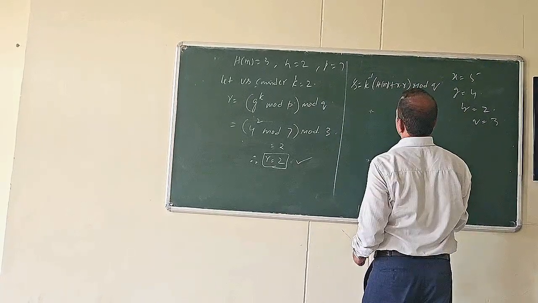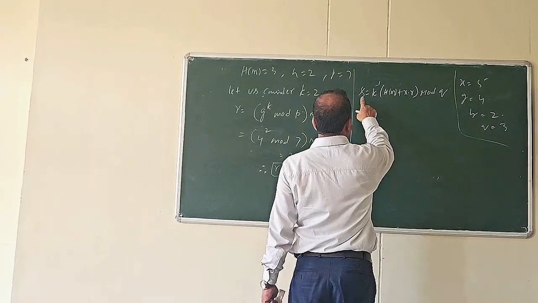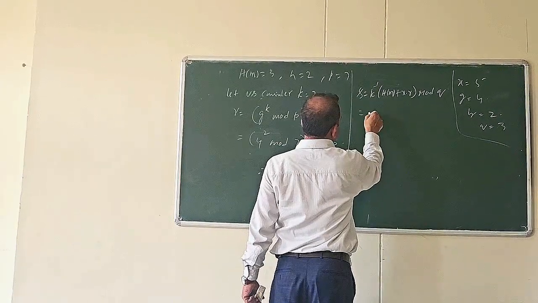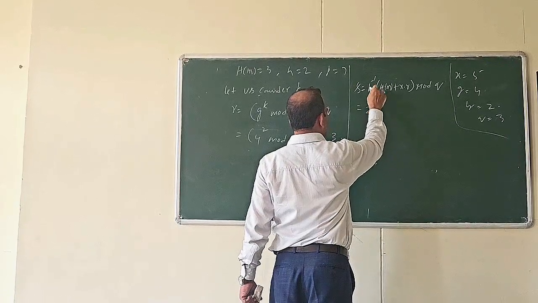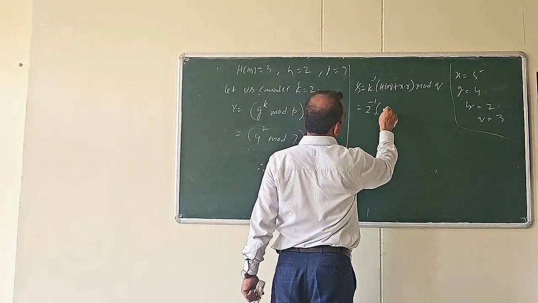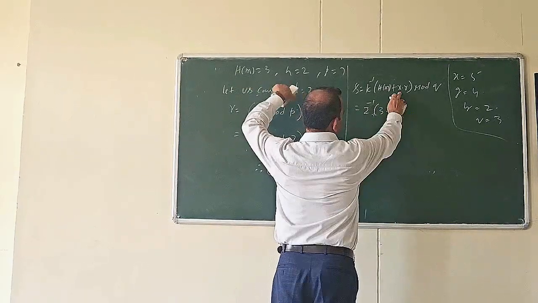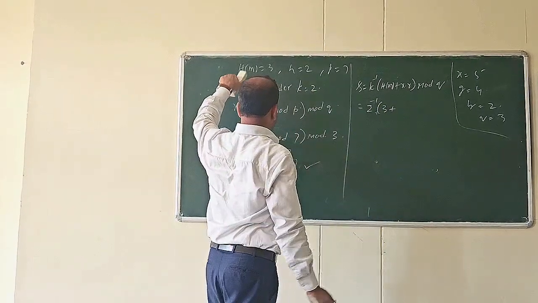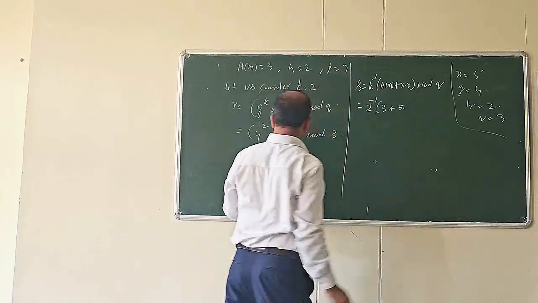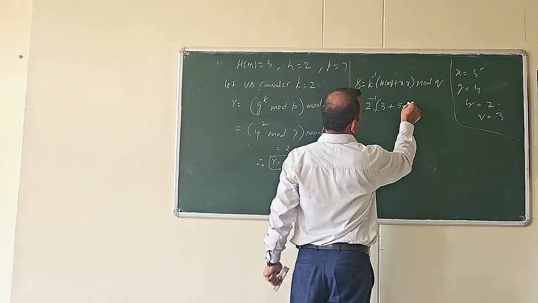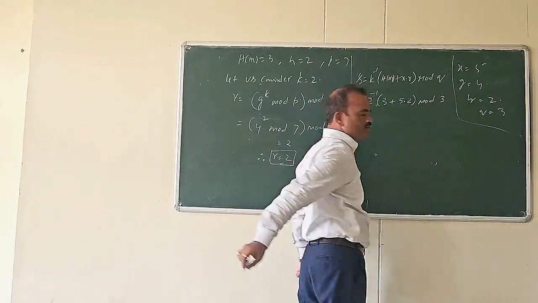Here h of m equals 3 plus x, which we considered earlier as 5, into r. We calculate the value 2, mod q equals 3.